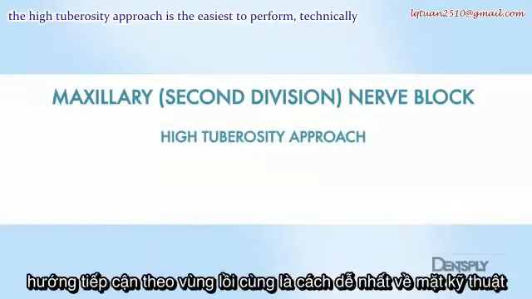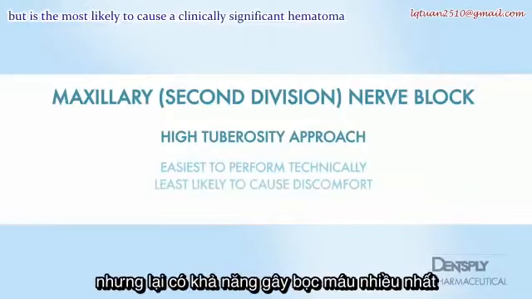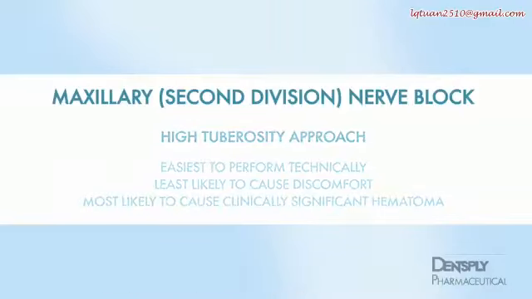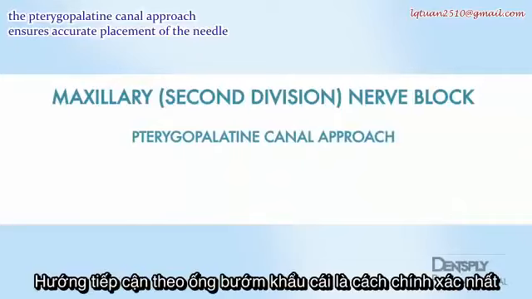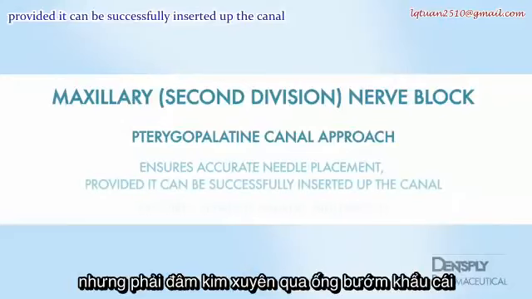The high tuberosity approach is the easiest to perform technically and the least likely to cause discomfort, but is the most likely to cause a clinically significant hematoma. The pterygopalatine canal approach ensures accurate placement of the needle provided it can be successfully inserted up the canal.